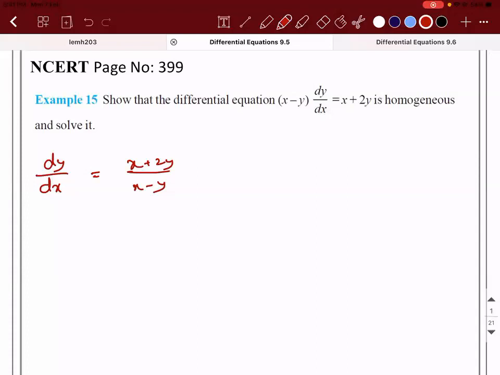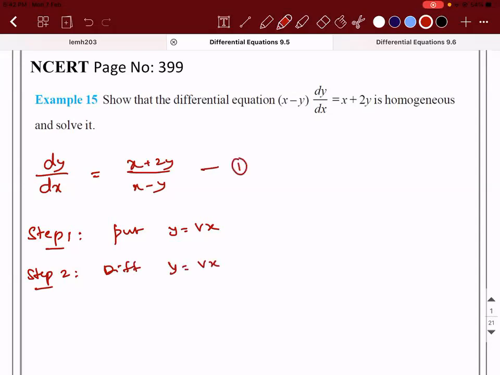Right. So what I'm going to do is, step number 1, put y is equal to vx. Then step 2 is differentiate y is equal to vx.